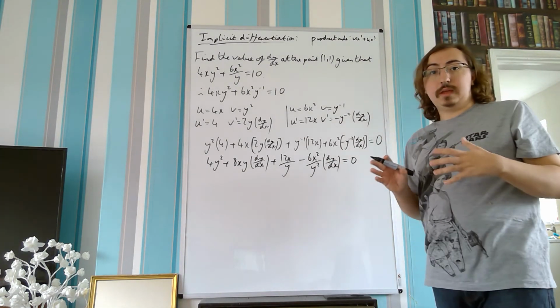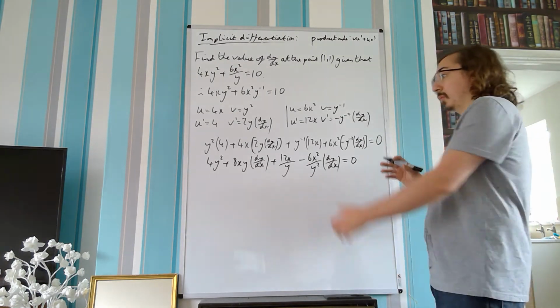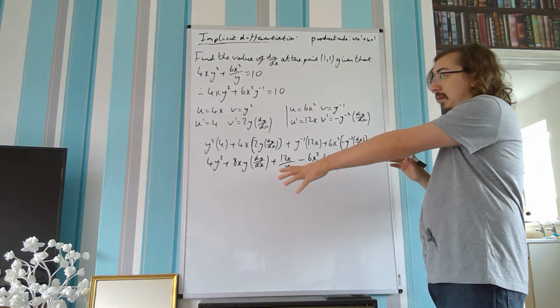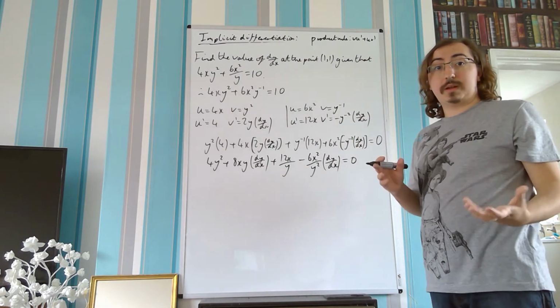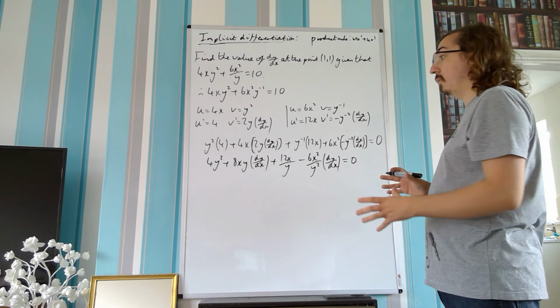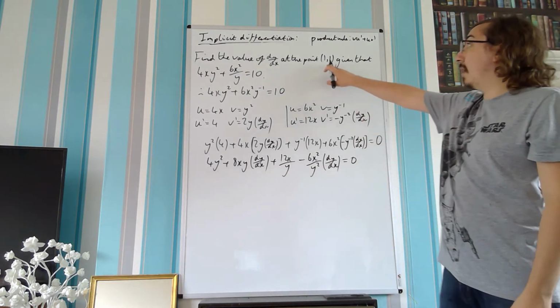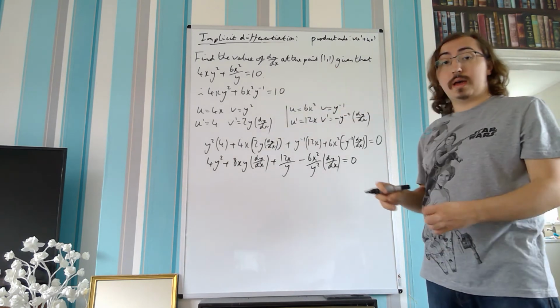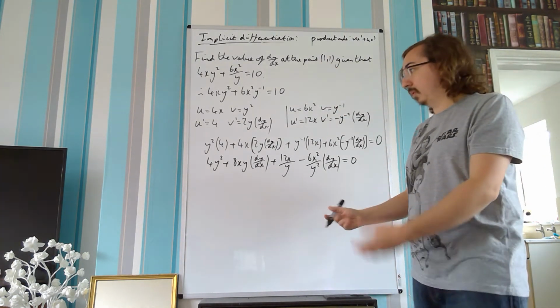Now, normally, if we were just after an expression for dy by dx, it's at this point that we would want to separate our dy by dx terms and then rearrange so dy by dx is the subject. We could do that with this problem, but we don't need to, because we have our values for x and y, so we can substitute in, which is going to make our expression a lot easier.